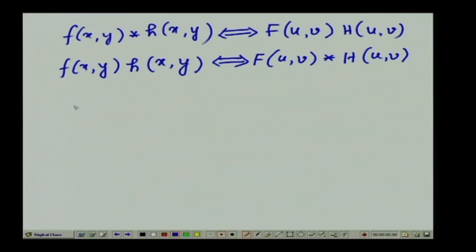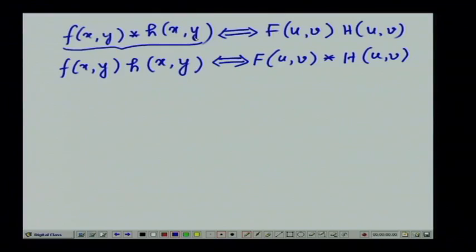So, to perform this convolution operation, the equivalent operation can also be done in the frequency domain if I take the Fourier transform of the image f x y and the Fourier transform of the spatial mask h x y.